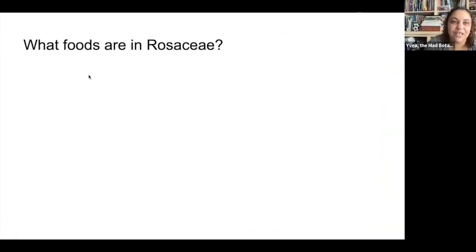And here's one I would love folks to unmute and call out answers. What foods, and we've already talked about some, but still, what foods do you think are in the Rosaceae? Peaches. Peaches? Strawberries. Strawberries, yes. Who else? Any other ideas?